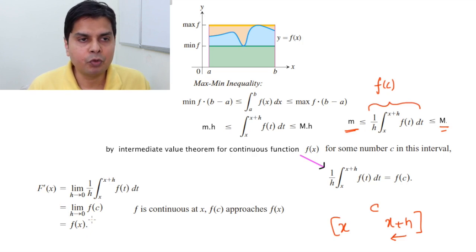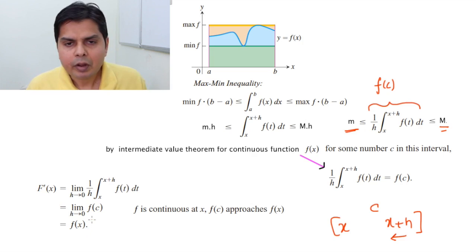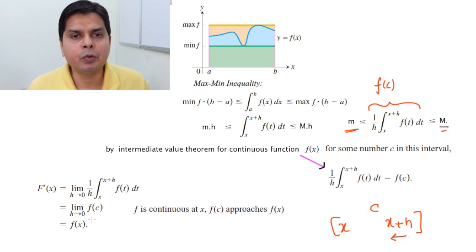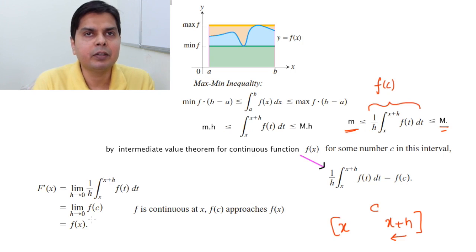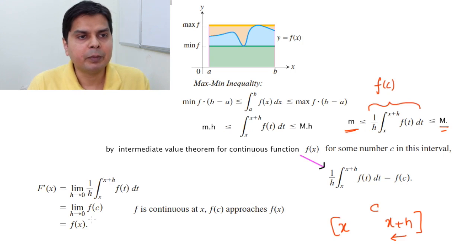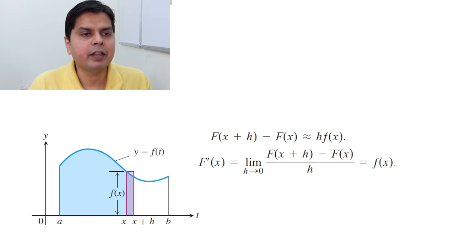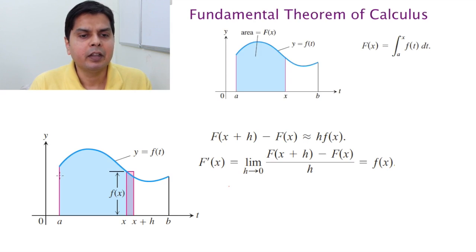Now this proof must be looking very daunting and intimidating to you, but this is because I have used technical mathematical jargon and mathematical terms. But the basic idea of this proof I had shown in the very first slide. And what was that basic idea? That basic idea was that when I have to find f prime x, I take a very small interval.